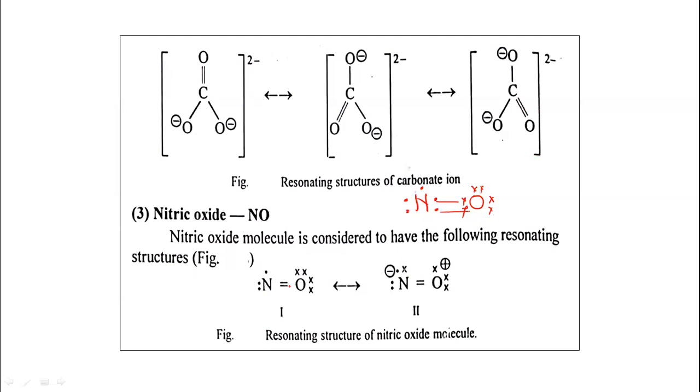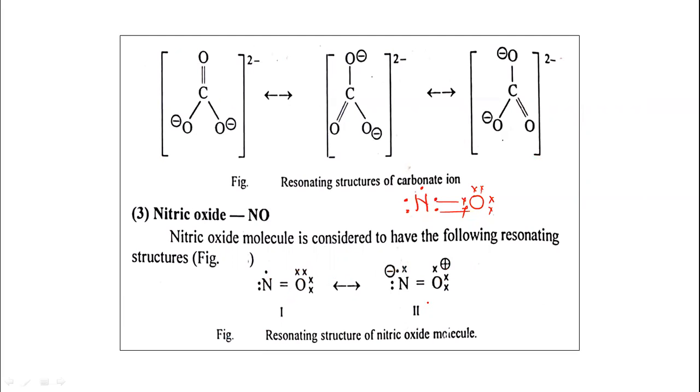Let us now show the electronic arrangement. One electron should be shifted towards the nitrogen. Suppose that happens, nitrogen now has the extra electron, and negative charge will be developed there, and there is a shortage of electron here, so it has the positive charge.